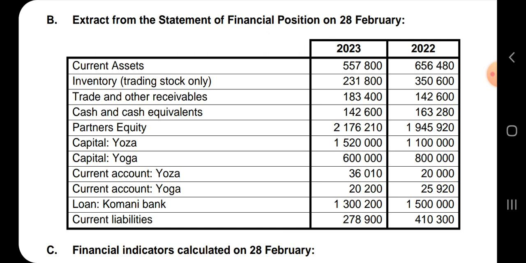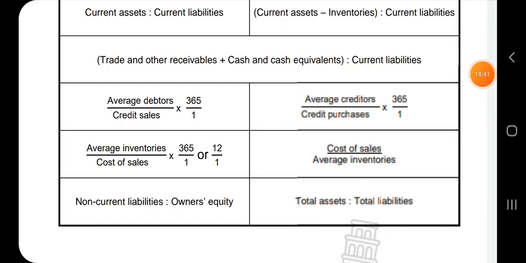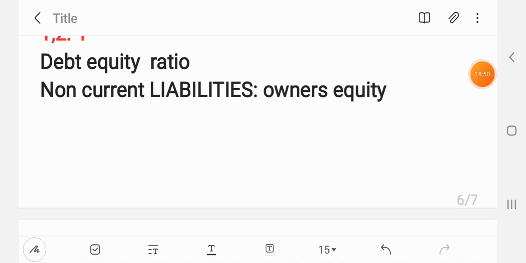Correct me, guys. Yes, that is the amount that you're going to take. Non-current liabilities to owner's equity. Down at the bottom of the formula sheet, that's where we found this ratio. So we will calculate this.